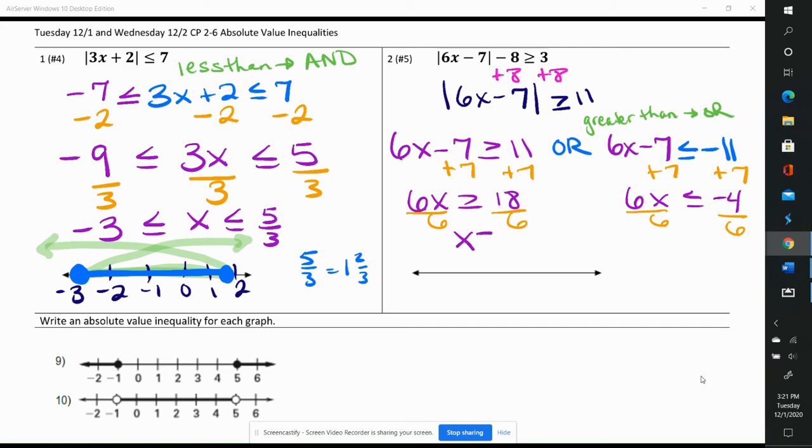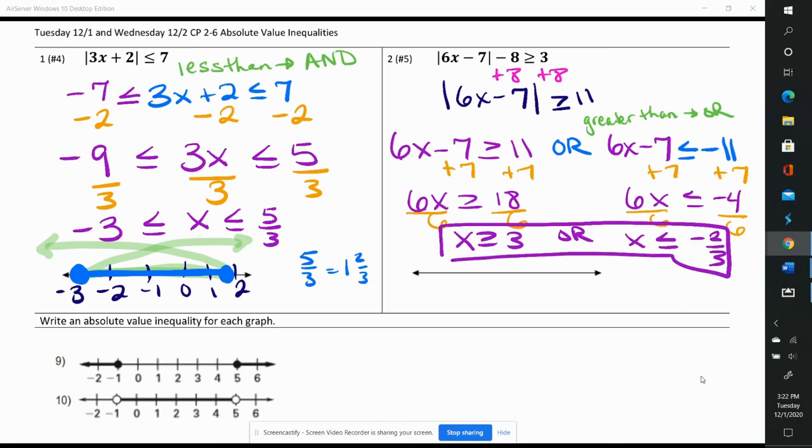So we get x is greater than or equal to 3, or x is less than or equal to -2/3. Make sure you have or as part of your solution because it's an or inequality that resulted from the absolute value inequality.